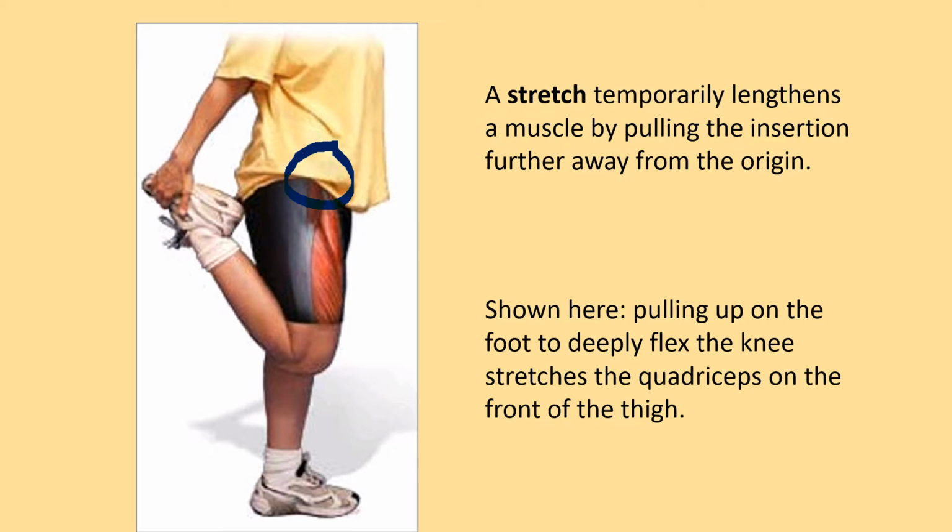And the quadriceps actually insert down here on the tibia. So the origin is on the pelvis and the insertion is on the tibia. And this man is stretching his quadriceps right now because he's pulling the insertion away from the origin. So this muscle is actually getting longer. It's being extended. It can stretch without tearing.